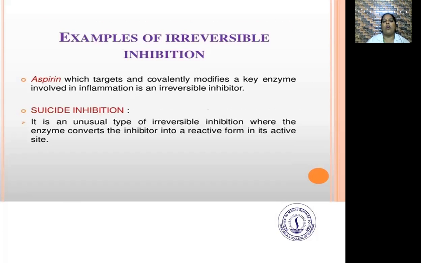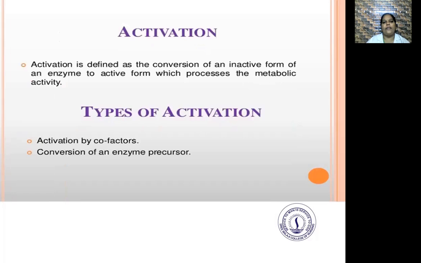Examples of irreversible inhibition: aspirin, which targets and covalently modifies a key enzyme involved in inflammation, is an irreversible inhibitor. Suicide inhibition is an unusual type of irreversible inhibition where the enzyme converts the inhibitor into a reactive form in its active site.